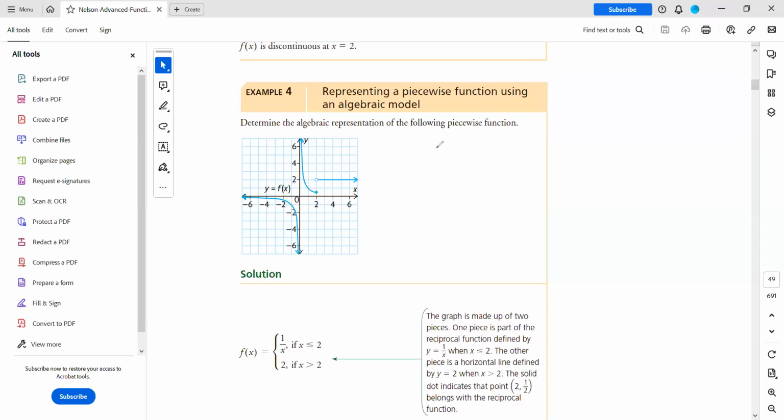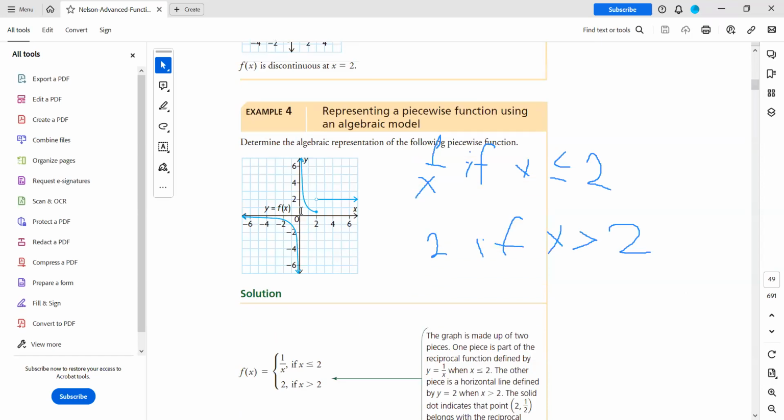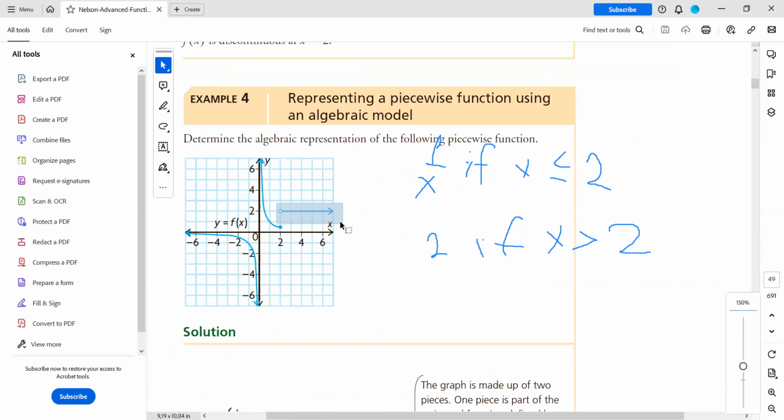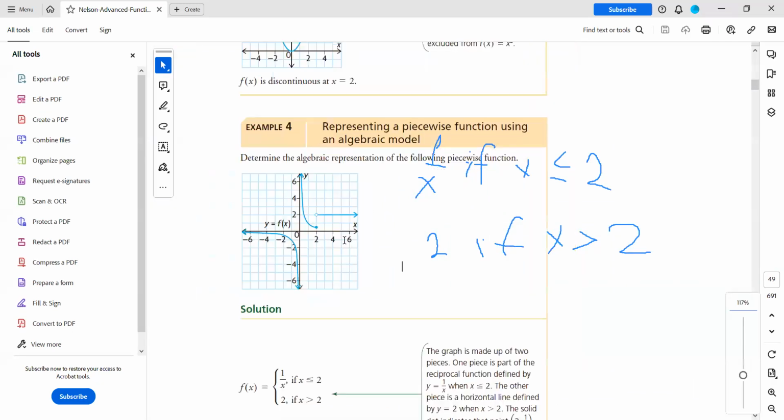So I can write 1 over x if my x value is less than or equal to 2, and it's going to be 2 if x is greater than 2, right? Do you agree with me? I say only greater than 2 because here I can see a dot discontinuity. So 2 is not included in the domain for the linear function.